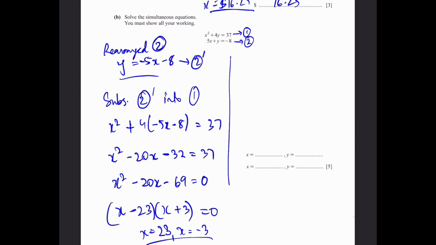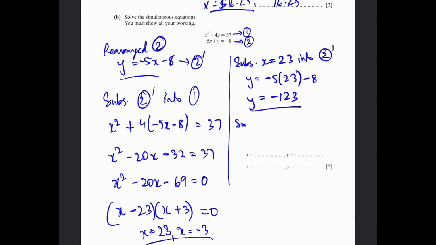Now we found all the x values. Let's substitute to find y. Substitute x equals 23 into 2 prime. y equals minus 5 times 23 minus 8. y equals minus 115 minus 8, which is minus 123.